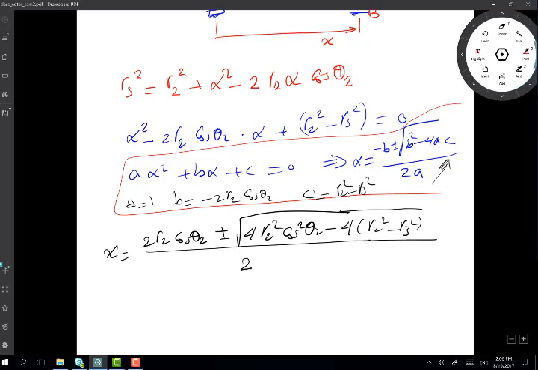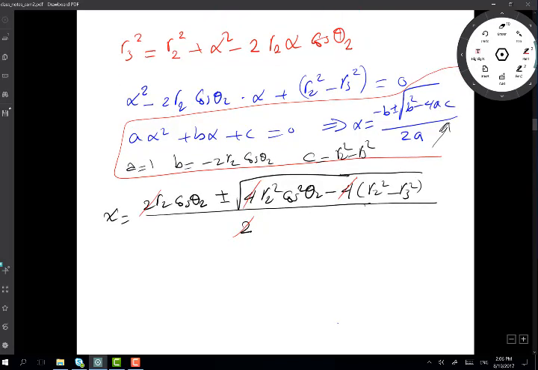And now if I divide everything by 2, then this will cancel out for me. And then my expression will be R2 cosine theta 2 plus or minus, and open this here. So we can say it's R3 squared, just arranging inside a bit.